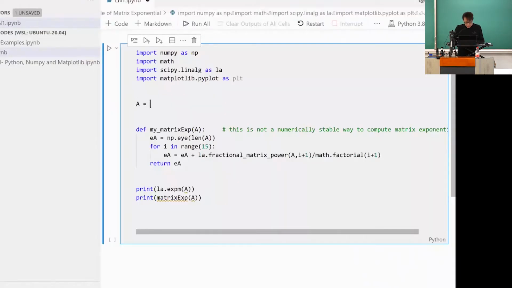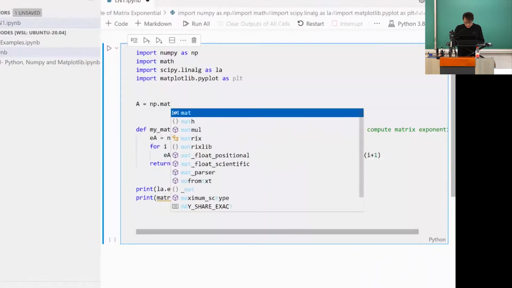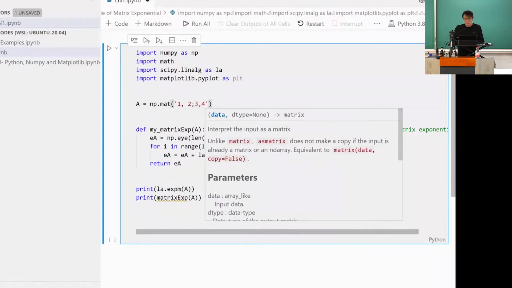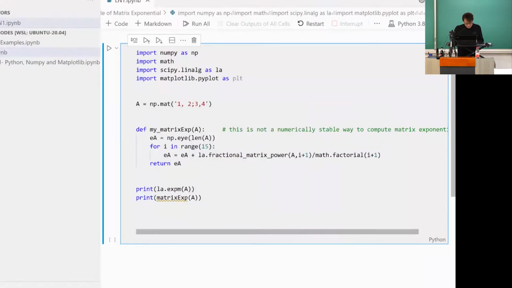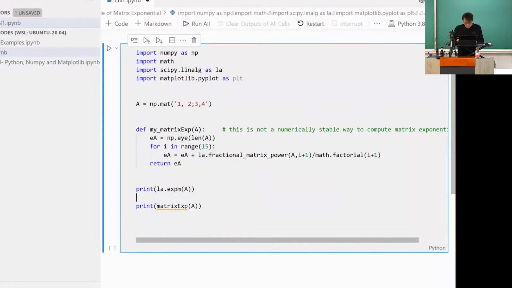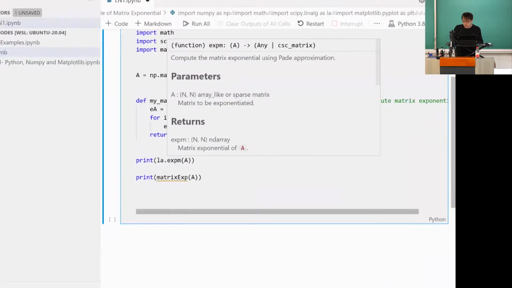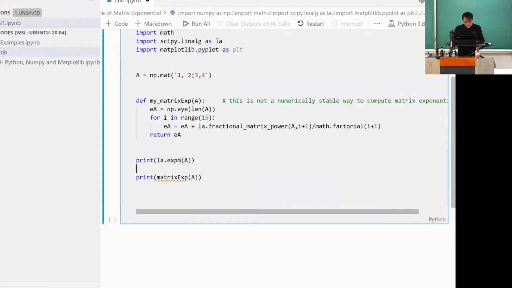Let's throw in some matrix, say numpy matrix 1, 2, 3, 4. That's my favorite two-dimensional matrix. The return will be e to the A. Then the SciPy linear algebra package has expm, the matrix exponential, and that's what I compare against.